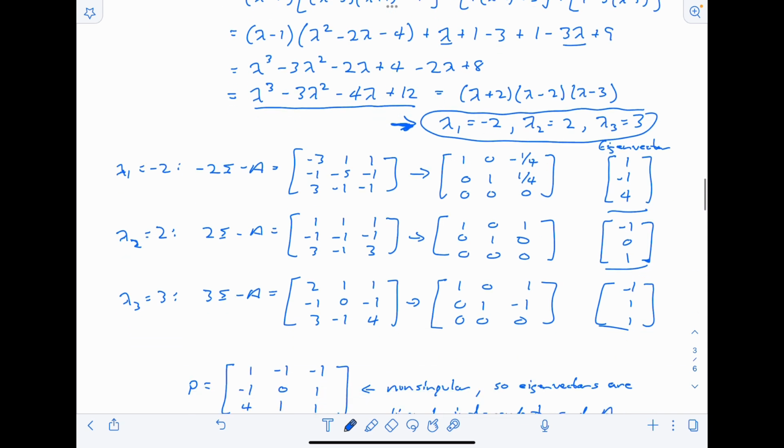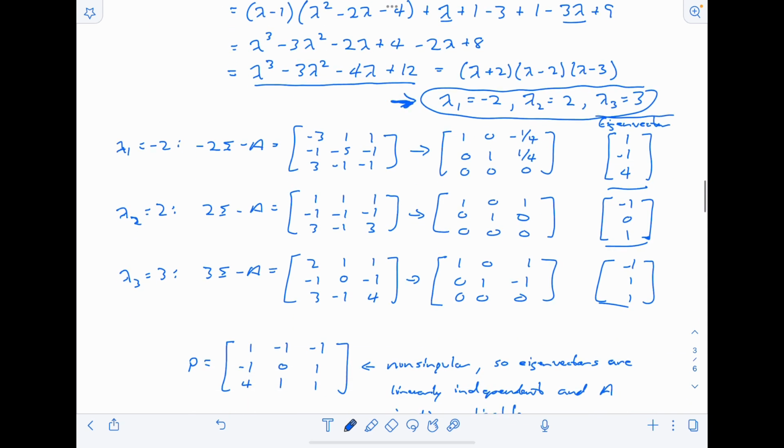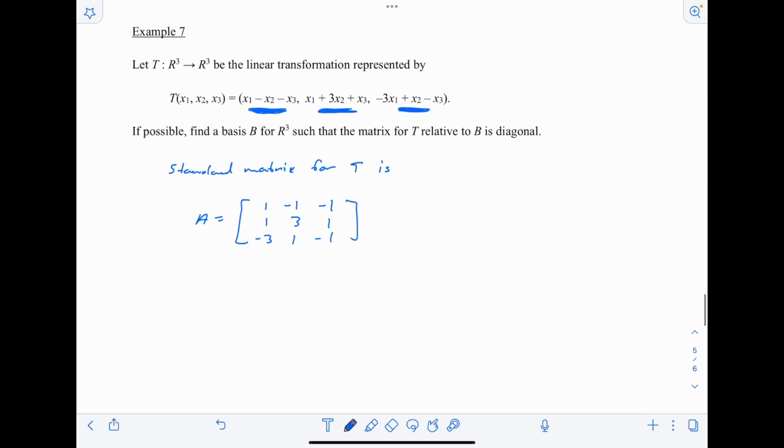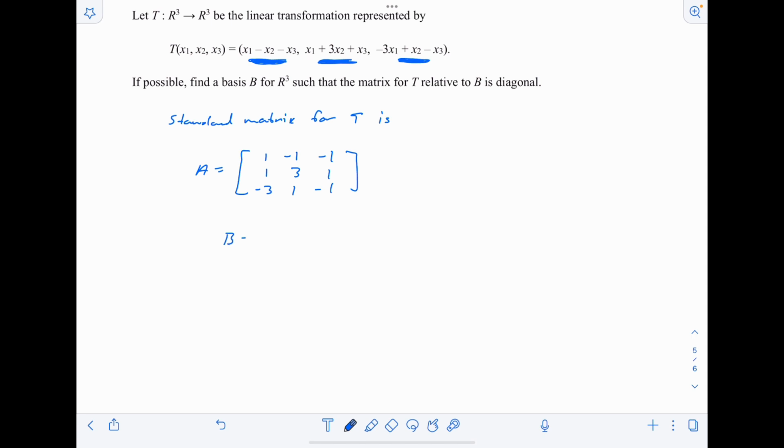Specifically, what we need are the eigenvectors, because they create the basis for R3. So in this case, our basis is going to consist of the vectors 1, -1, 4, just pulling those from the top example, -1, 0, 1, and -1, 1, 1.